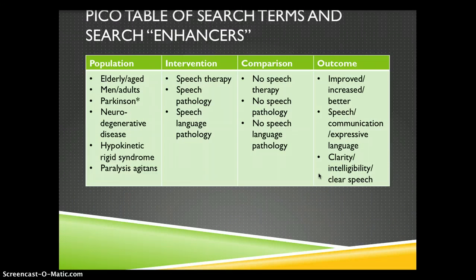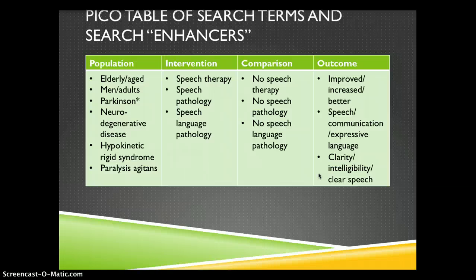So I've created a PICO table of search terms and search enhancers. In the population part of the table, I came up with the terms of elderly and aged, men and adults.